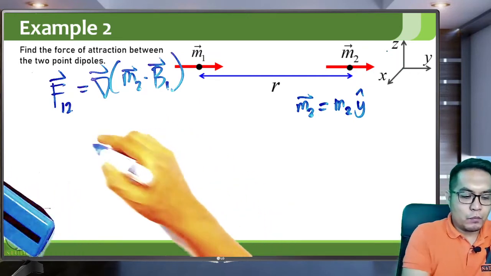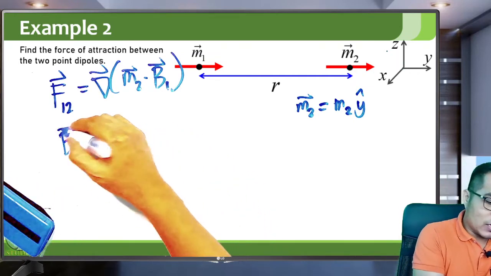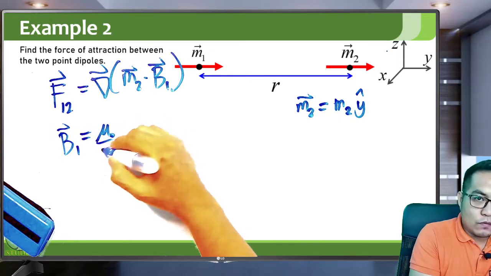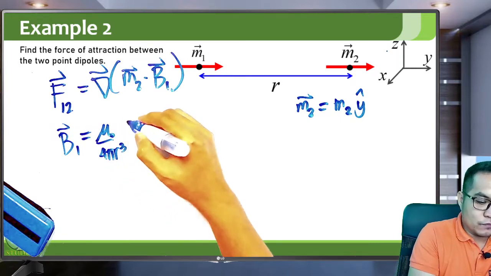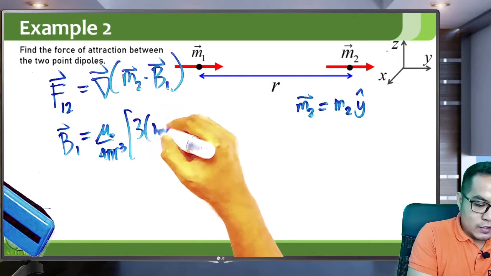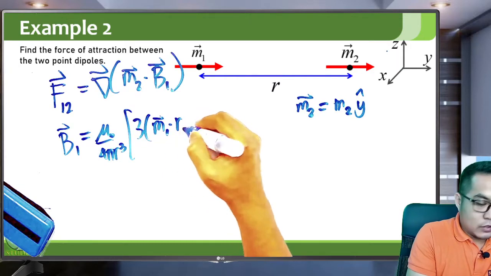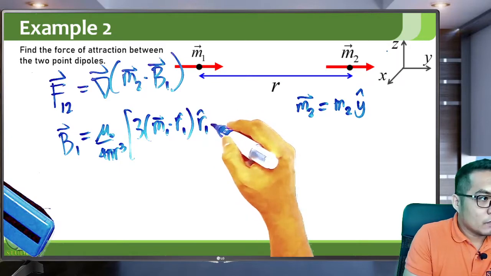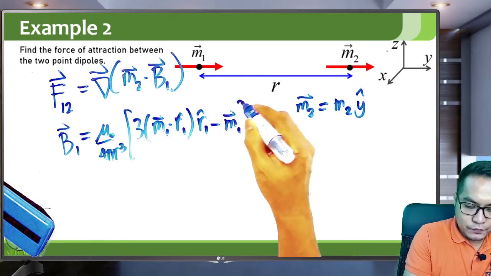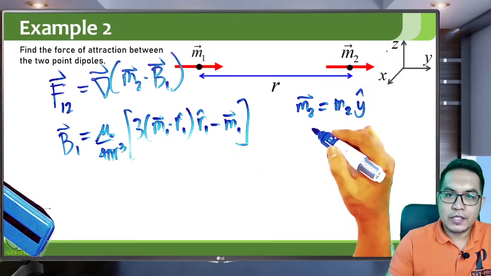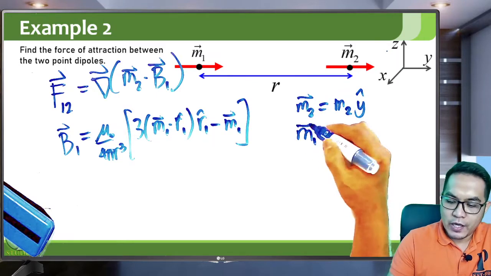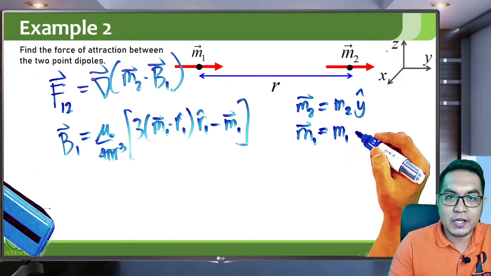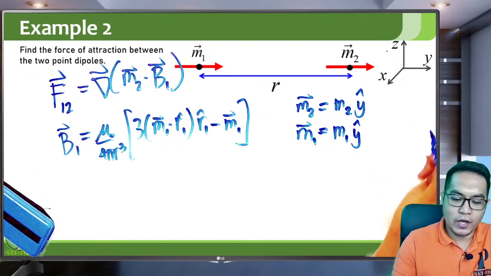So B1, again, we go back to the dipole formula: mu naught over 4 pi r cubed, times 3 (m1 dot r1 hat) r1 hat minus m1. In this case, we will assume that m1 is also a constant magnitude, and its direction is also y hat.